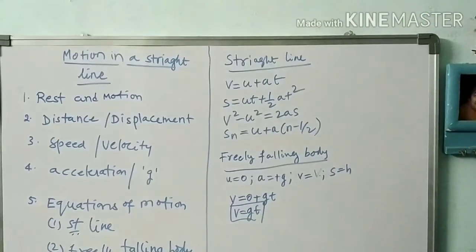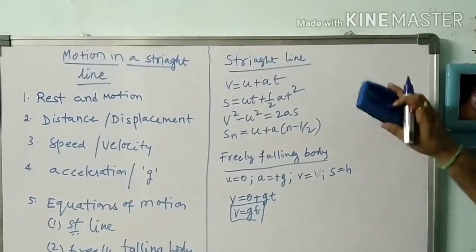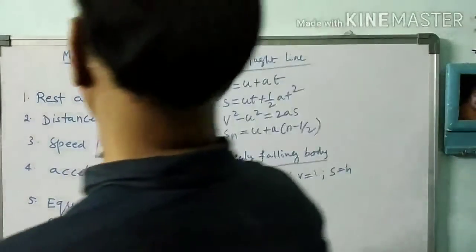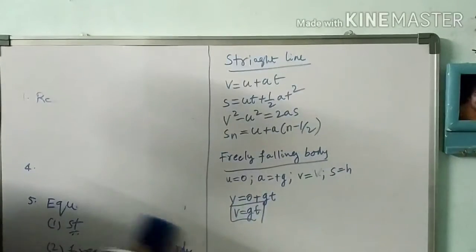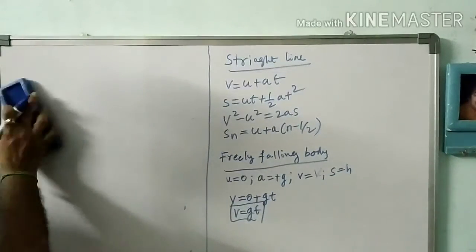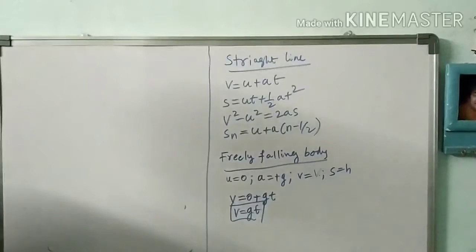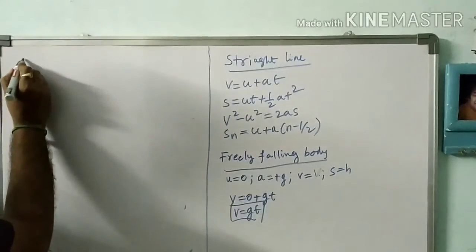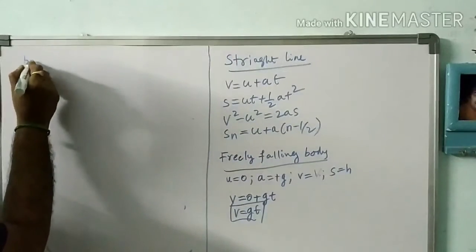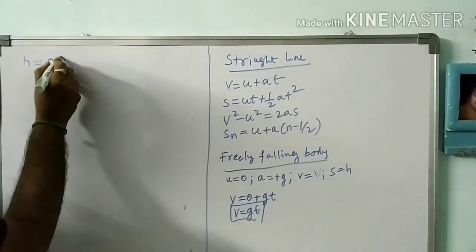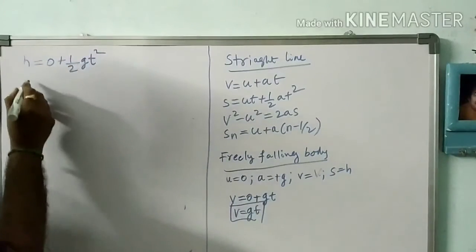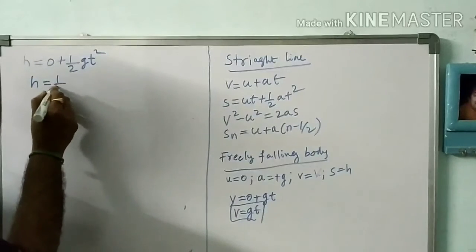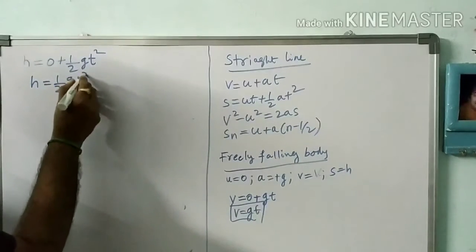Similarly, the second equation is S is equal to UT plus half AT square. In place of S, you can write H. H is equal to 0 plus half GT square, or H is equal to half GT square. This is the second equation.